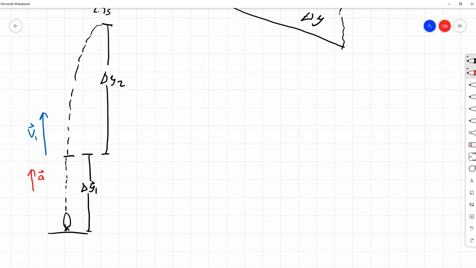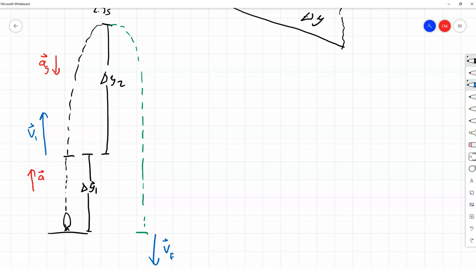The only force acting on the rocket as it goes up is gravity, and so therefore we're going to have an acceleration downward, a sub g, which is causing it to slow down as it goes up. And then when it comes back down, it's going to hit the ground at this point right here, and it's going to have some kind of final velocity, which I'll call vf, when it makes impact with the ground.